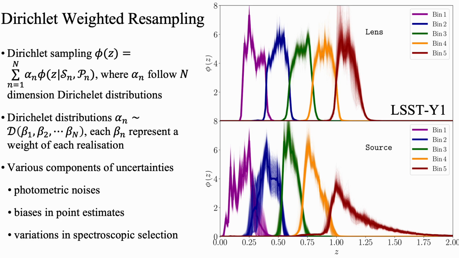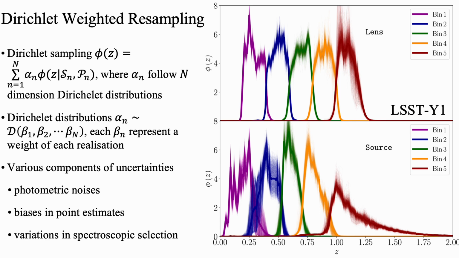To mitigate the impact of the spectroscopic selection function and the conditional redshift distributions, we have developed a probabilistic sampling technique. We model the marginal redshift distribution as a linear combination of the conditional redshift distributions, imposing Dirichlet priors on the coefficients.